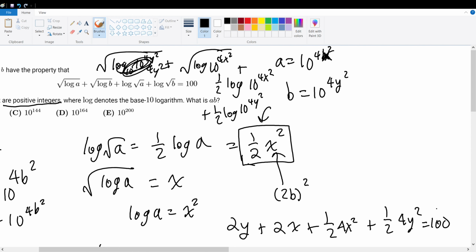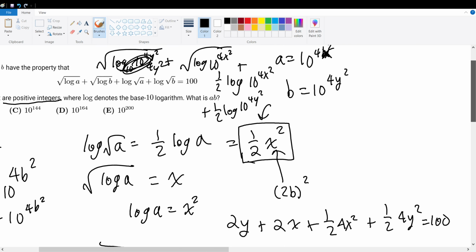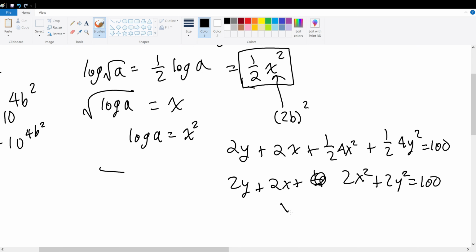So we simplified it to this point. What can we do from here? Well, we can say that 2y plus 2x plus 2x squared plus 2y squared is equal to 100. So in other words, y plus x plus x squared plus y squared is equal to 100 times half, because we factor out the 2, which is equal to 50.